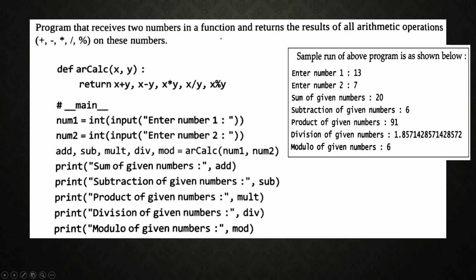So here first it returns add, x plus y, subtraction x minus y, multiplication x star y, division x divided by y, modulus x percentage y, like this. And after this we have to display the values that are already stored in the variables add, sub, multiplication, division and mod.